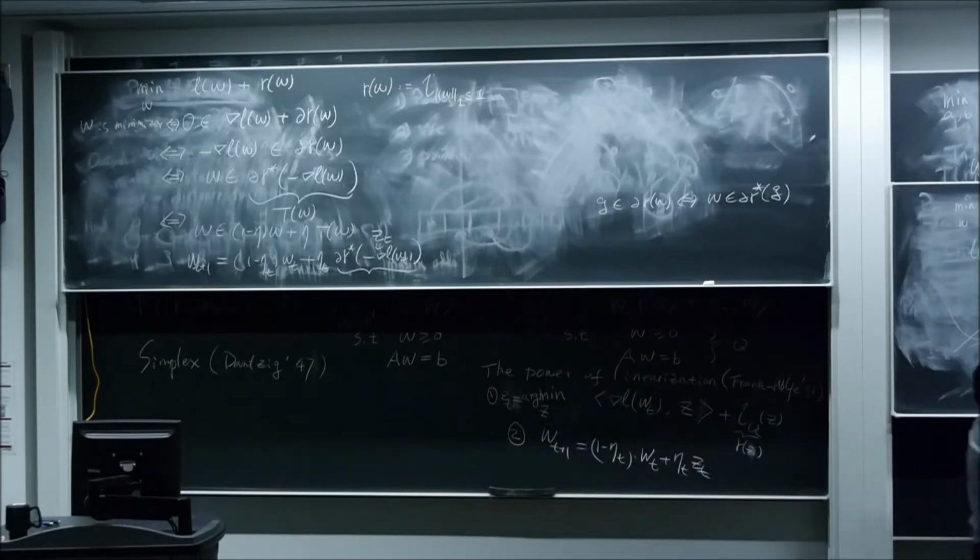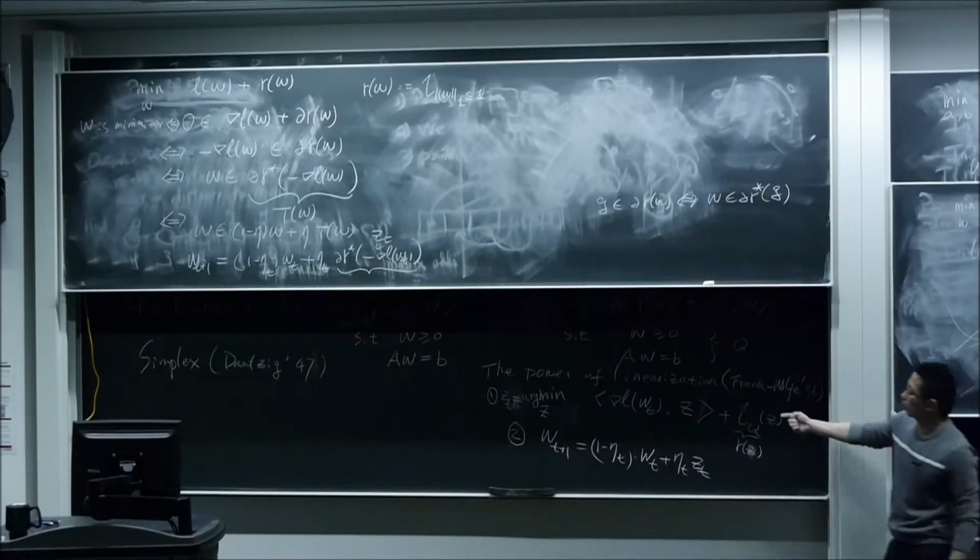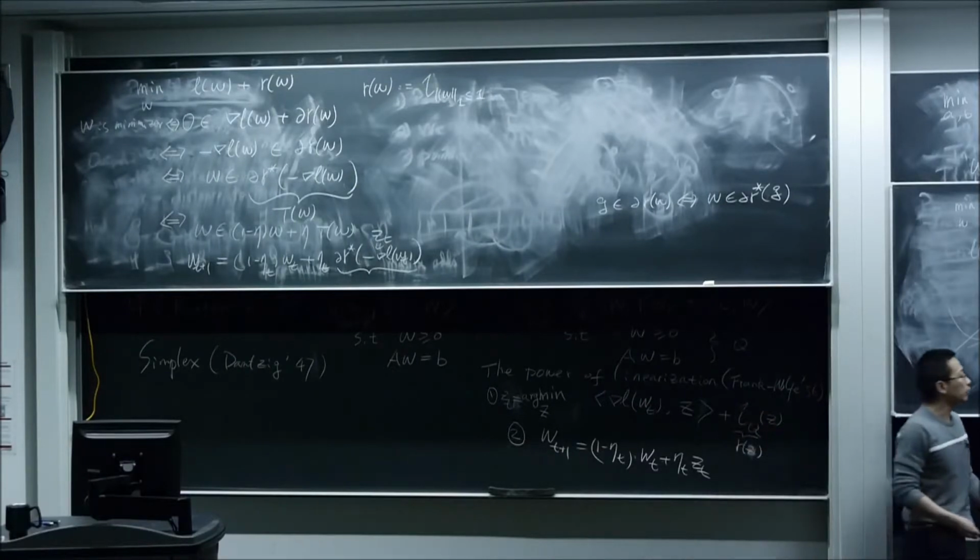In other words, this ZT is obtained by minimizing for all Z, Z plus R of Z. I obtain ZT by doing this minimization, which is exactly the first step of the conditional gradient algorithm.